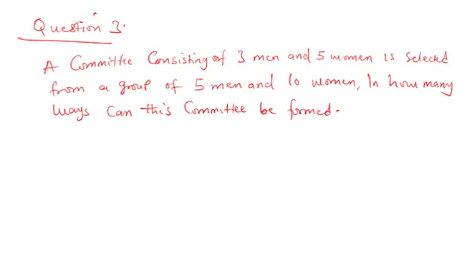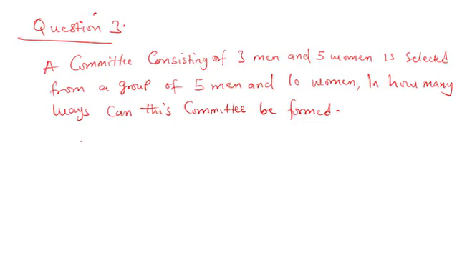They said a committee consisting of 3 men and 5 women is selected from a group of 5 men and 10 women. So they want to select 3 men from 5 men and 5 women from 10 women.